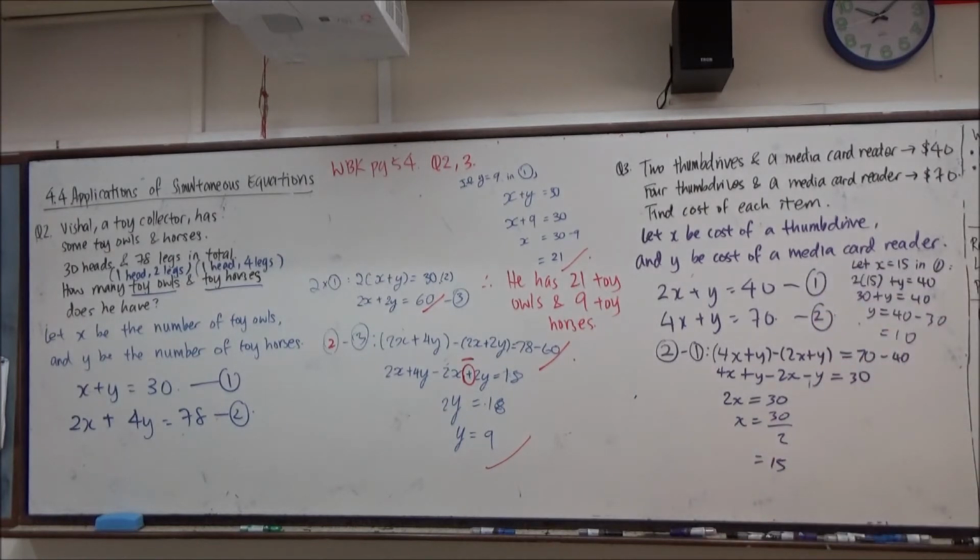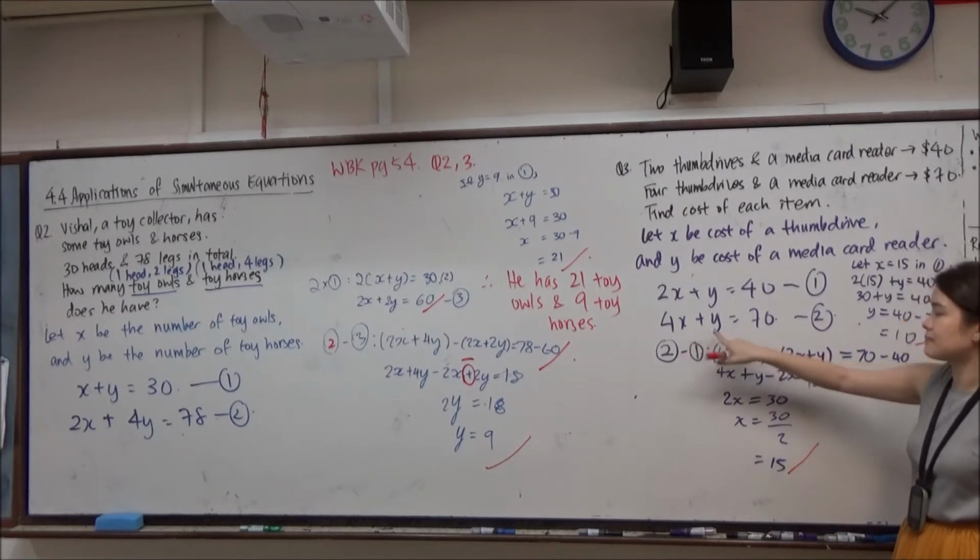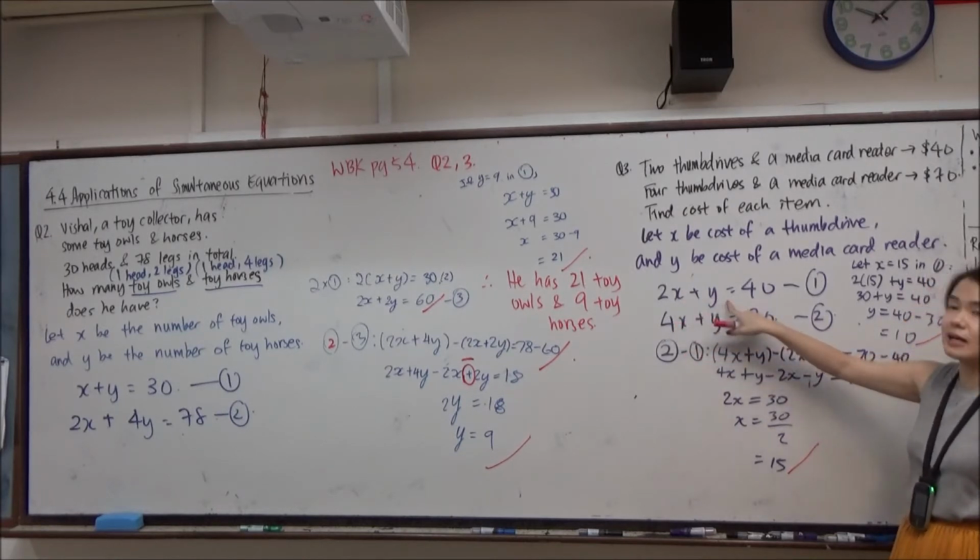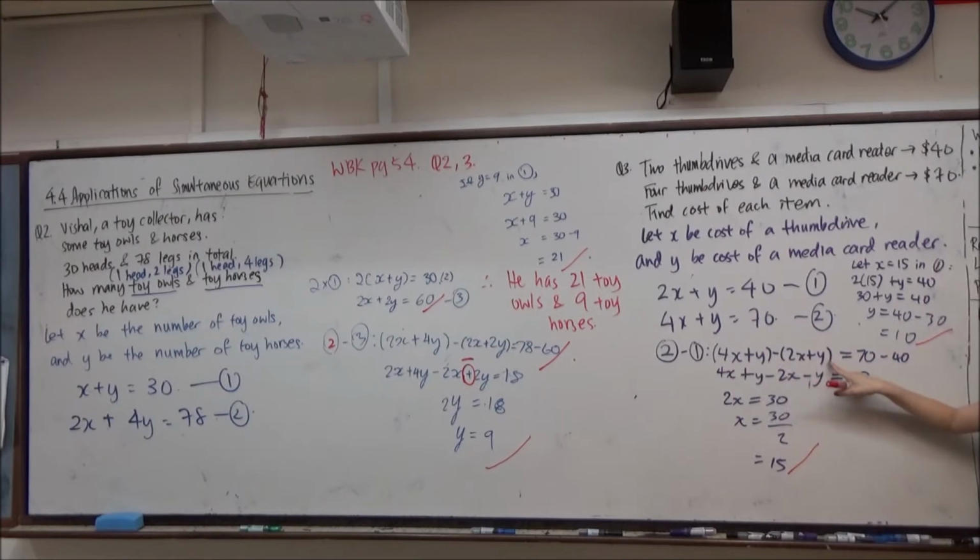Next, let's look at question 3. The final answer is also correct, 15 and 10. What Shiwen has given us is taking 4x plus y minus away 2x plus y to eliminate y. You see that over here, opening up the brackets, minus and plus becomes a minus. So this step is correct.